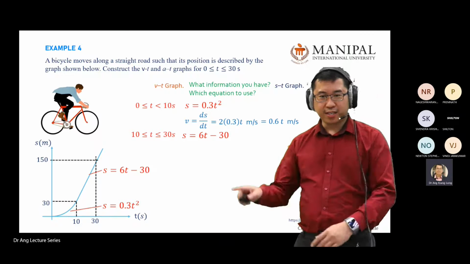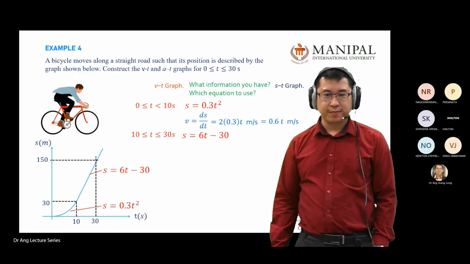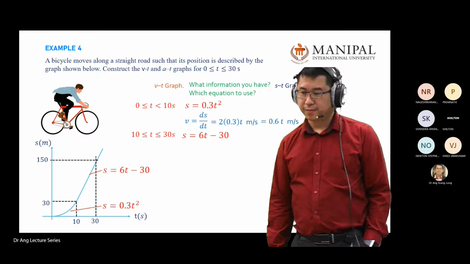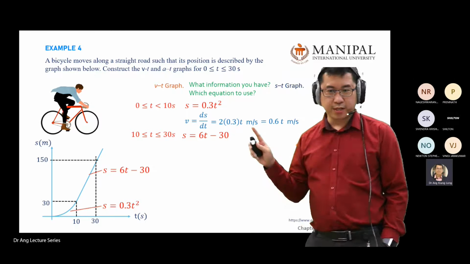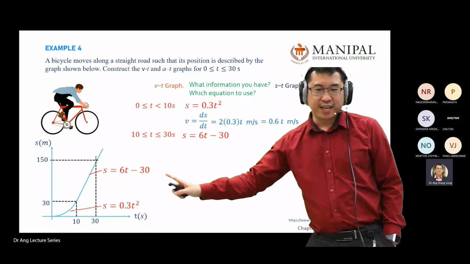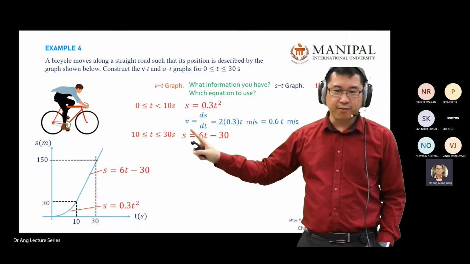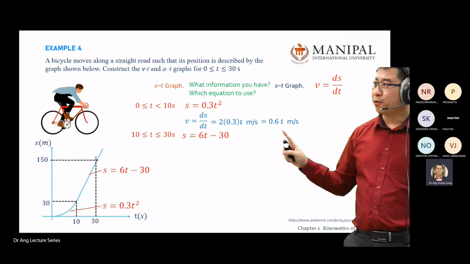Anyone you don't understand why you are given this formula, and then for this slot from 0 to 10, suddenly you can find the velocity equal to 0.6 t?